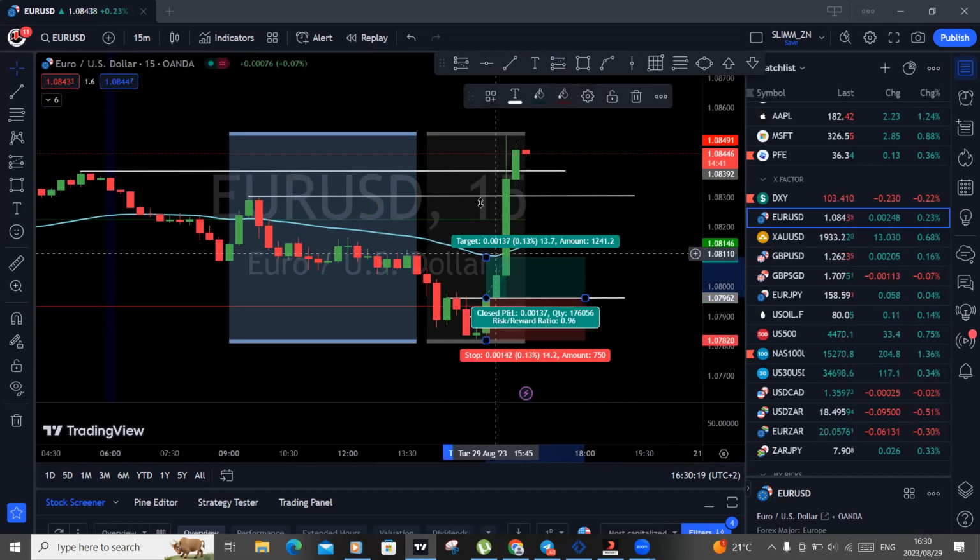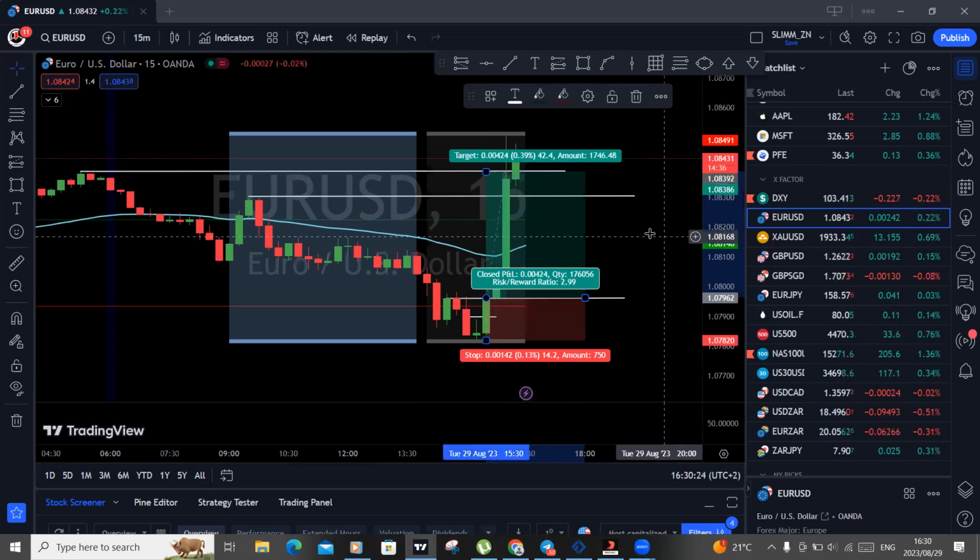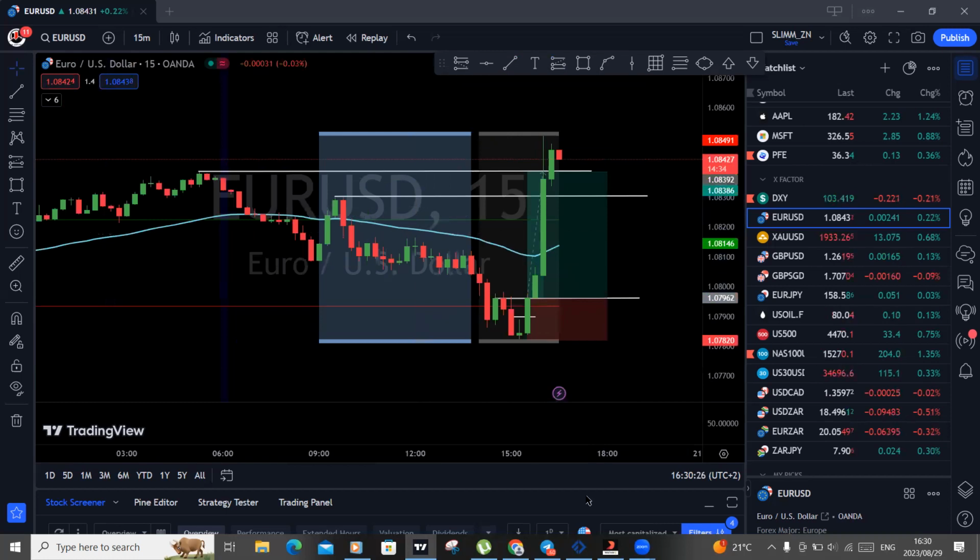Stop loss outside the range, TP either here or here. Okay, so this is an EU buy.